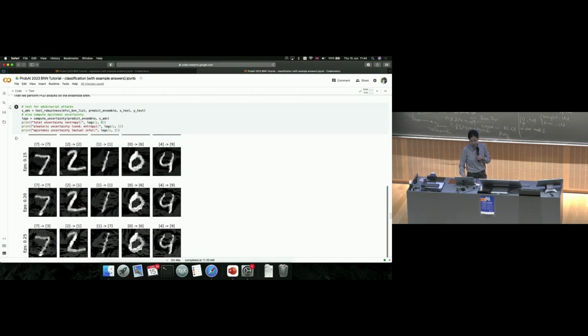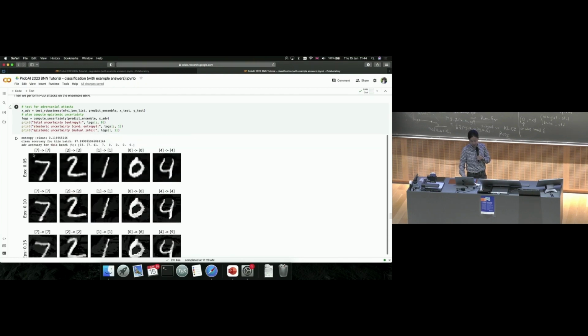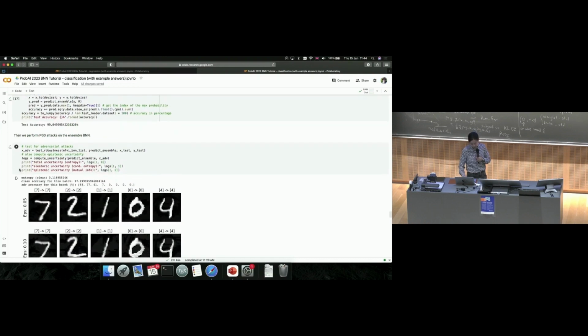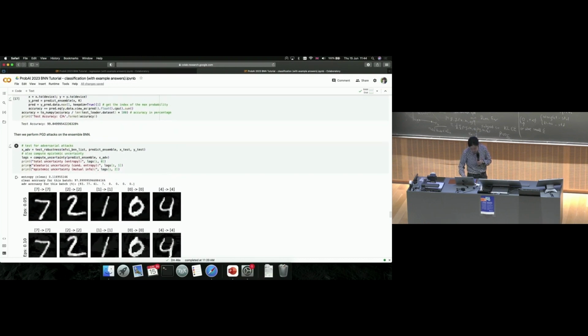So for example, you can see here, this shows the classification result for the clean one, and this is the classification result after you add in the noise, right? When you add in a small amount of noise, I think this method is still fine because we are using a very powerful approximate inference method, which is a combination of ensemble methods and mean field variational inference.